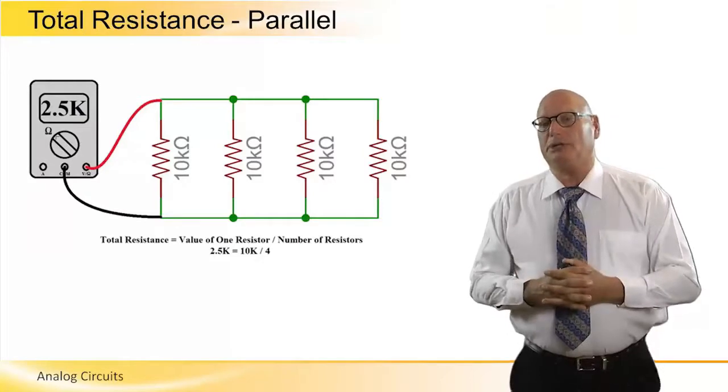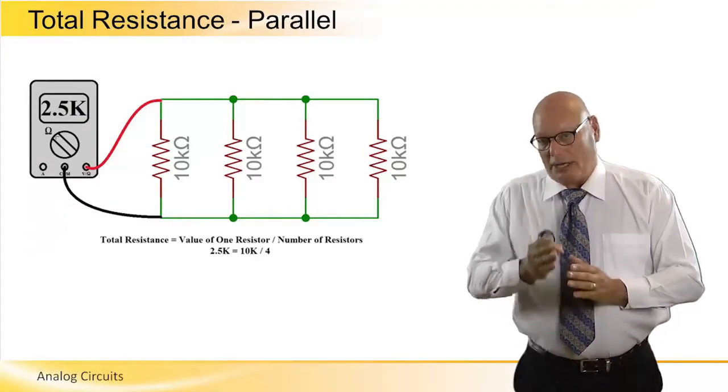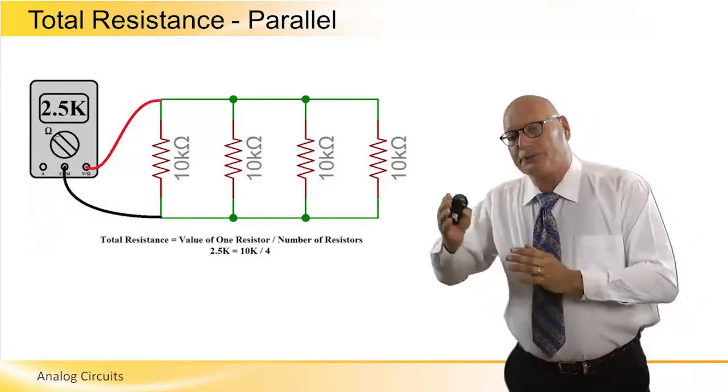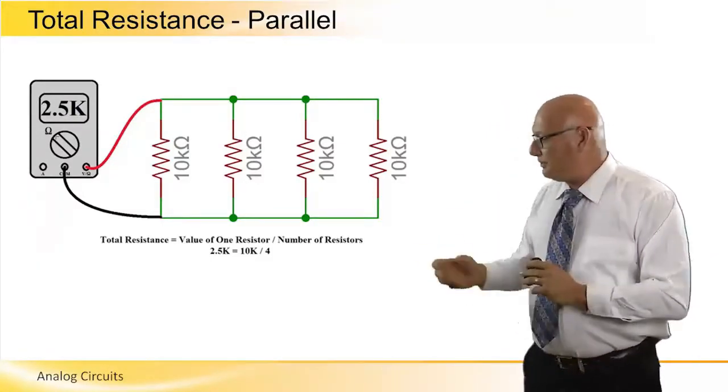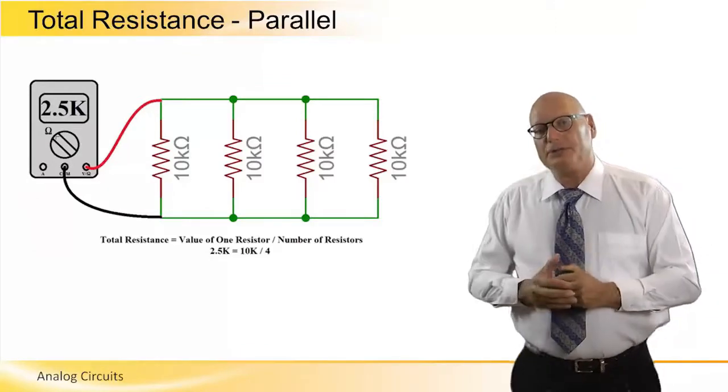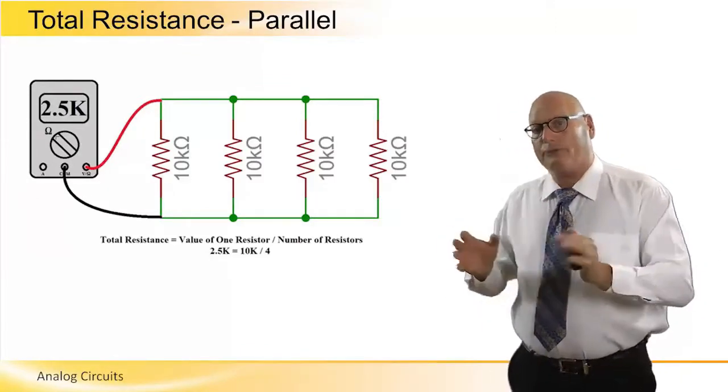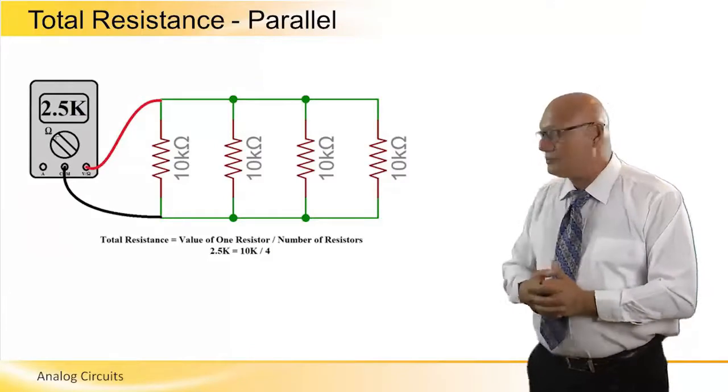Something very interesting I would like to share with you about parallel connection of resistors where they are all equal. In this slide, we can see 4 resistors connected in parallel, all of which are 10 kilo ohms.